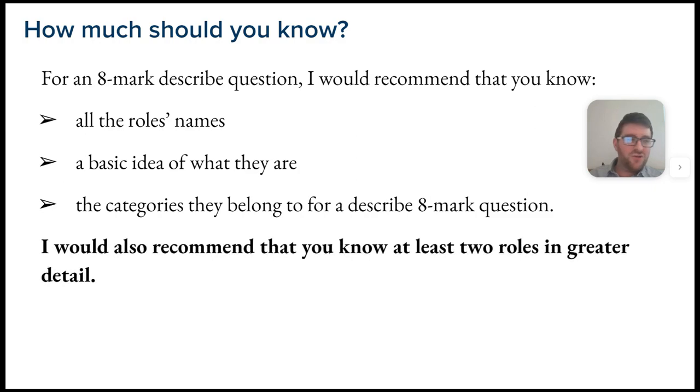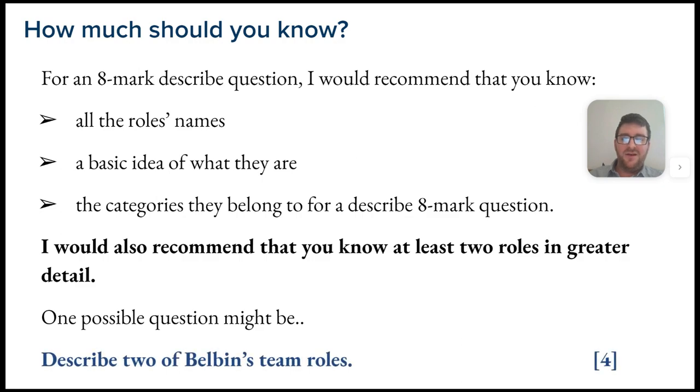On top of that, I think you should know at least 2 or 3 roles in greater detail, because you could be asked something like describe 2 of Belbin's team roles for 4 marks. So you'd need a little bit more detail to make sure you get that 4 marks. It would be easy to get to 2, but you need a little bit more detail to get to 3 and 4.